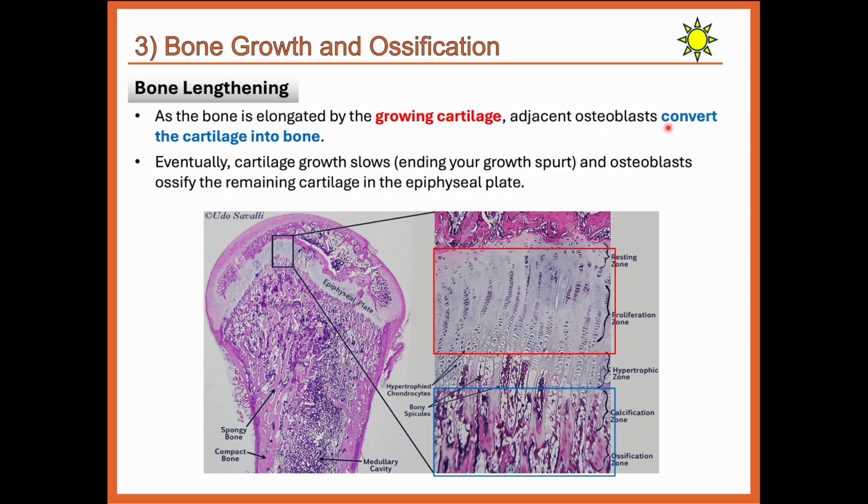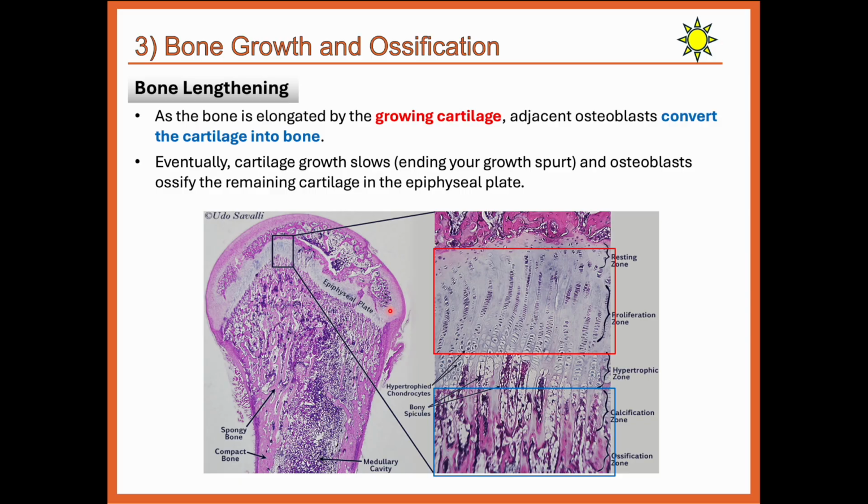Adjacent osteoblasts convert the cartilage to bone. Remember I told you the cartilage is dying, right? Because it's getting away from the blood source. So these are dying, and osteoblasts are making more and more bone in this region. So as your plate of cartilage moves up, the bone is calcifying and making new bone on top, okay?